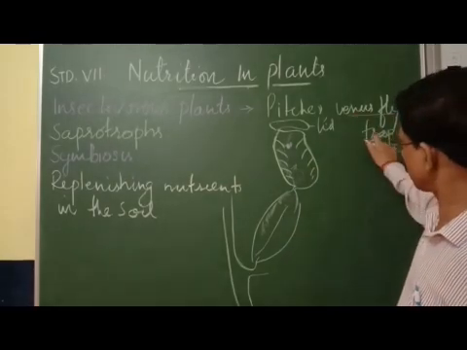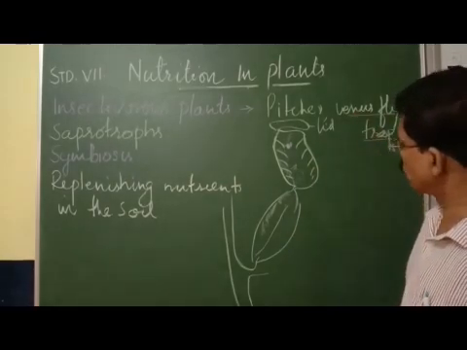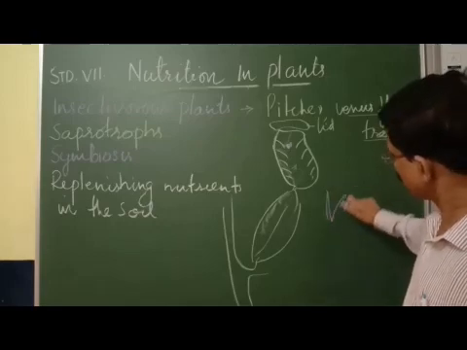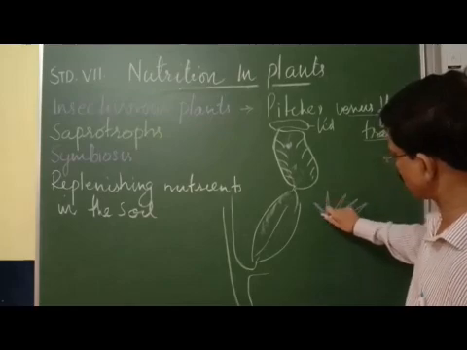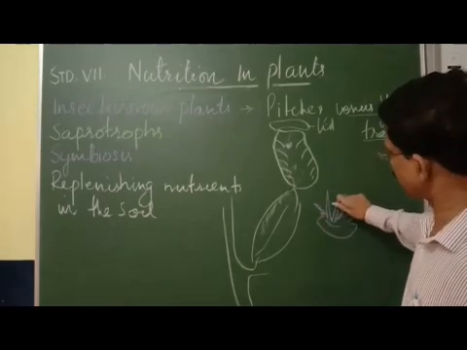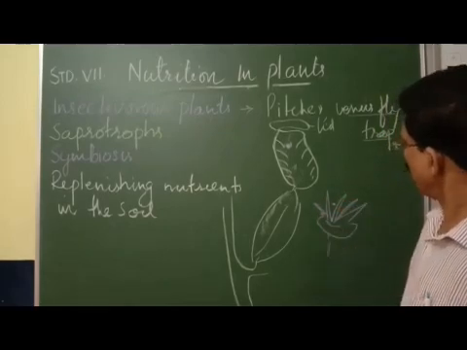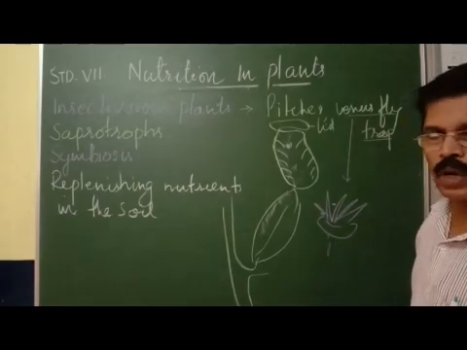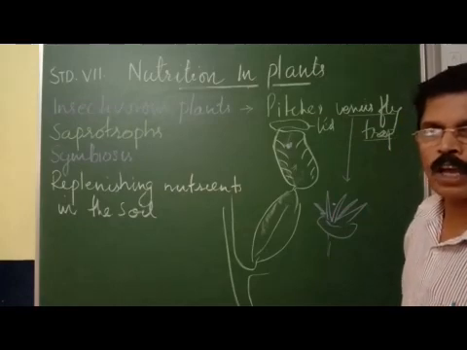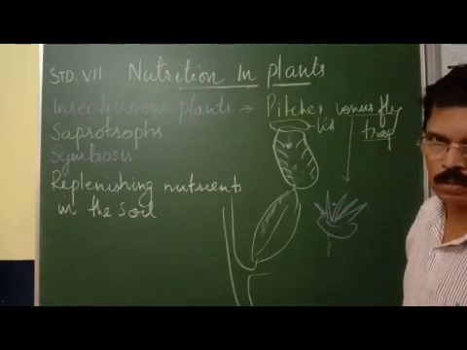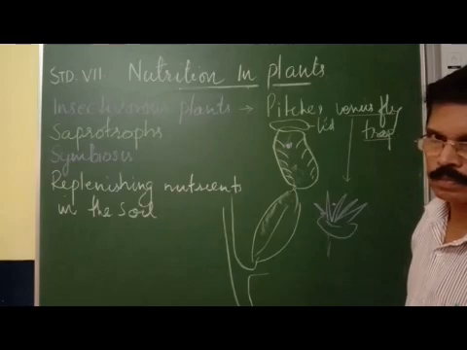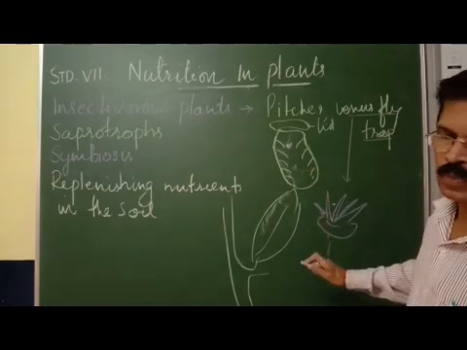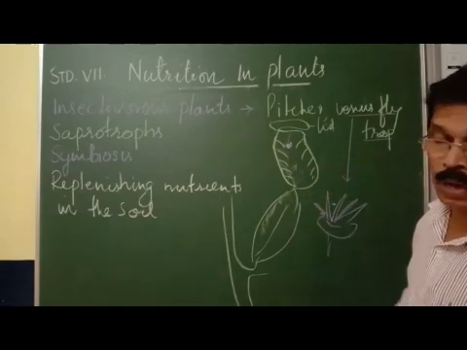Venus flytrap usually traps the insects by using certain modified leaf structures like this. The insects will be trapped in. Usually the Venus flytrap plants grow in soil deficient in nutrients, particularly nitrogen.